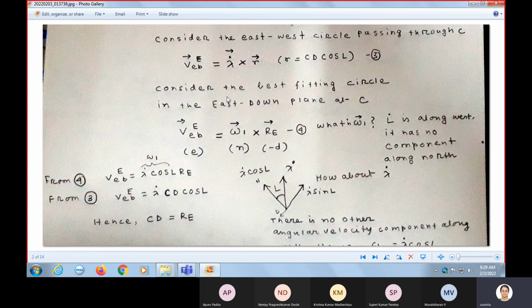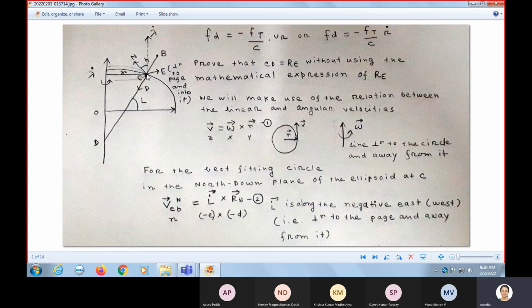Now next, consider the best fitting circle in the east-down plane at C. East-down plane, so we need to pass a plane containing the east and down axis, right? And then find the best fitting circle in the east-down plane. What is the linear velocity tangential to that circle? It must be along the east direction. So we have to take the east component of the velocity here. What is R?